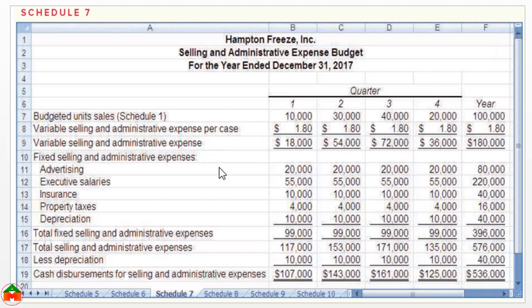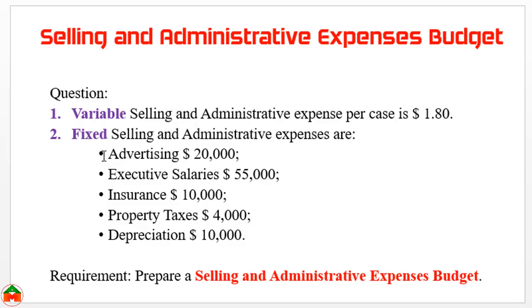Now we are going to show all the fixed selling and administrative expense. From the estimated data we can see advertising 20,000, executive salaries 55,000, insurance 10,000, property tax 4,000, depreciation 10,000. Since they are fixed, there will be an equal fixed amount for each quarter.